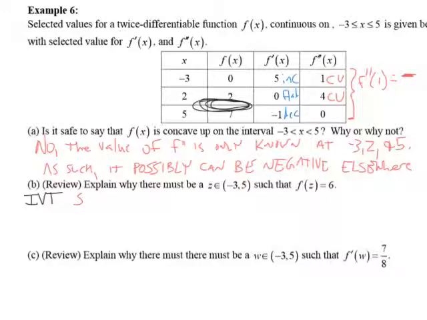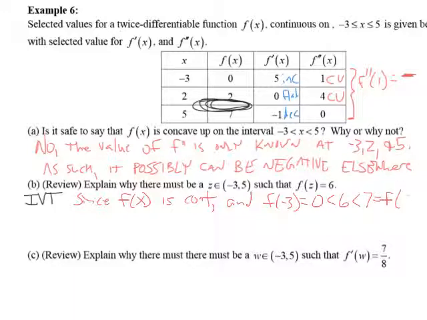So we use that and we state, since f of x is continuous and f of -3 is equal to 0, which is less than 6, which is less than 7, which is f of 5.